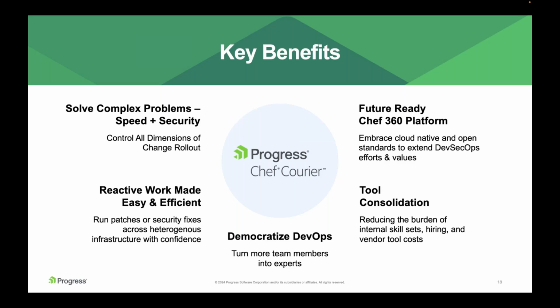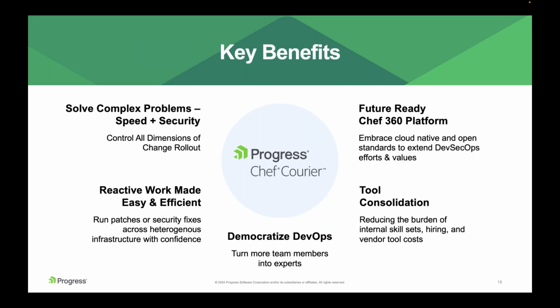But with ad hoc job orchestration, not only do you have control over what actions to perform, in this case apply a patch, you also have control over the targeting dimension as well as the timing dimension, like we discussed before. So reactive work like incident response or security measures become very seamless with Chef Courier.